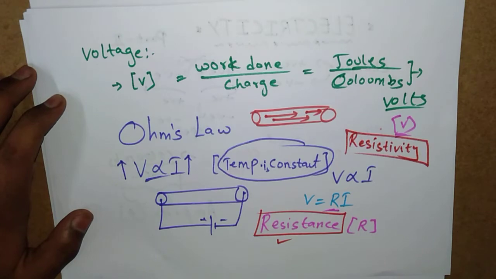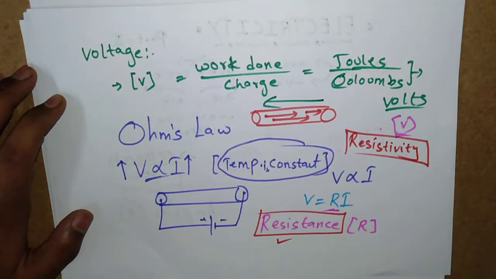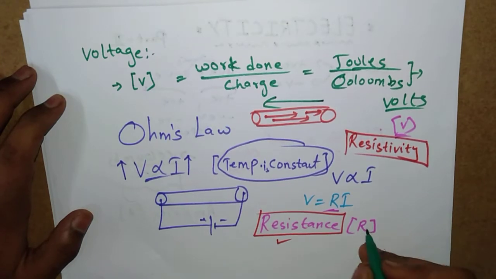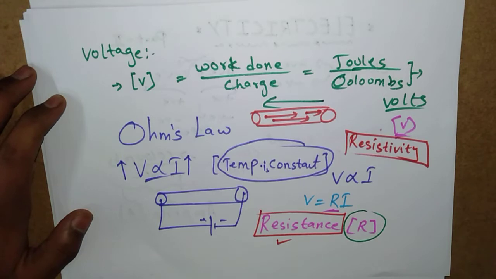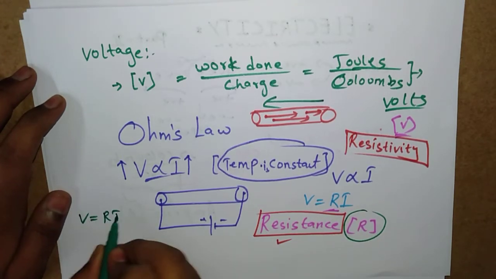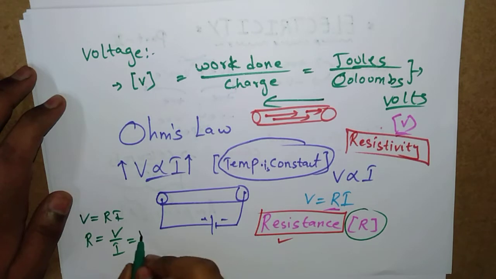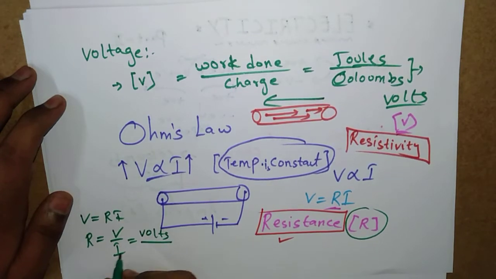So the obstruction to the flow of current is called resistance, and it is denoted by letter R. So we want the unit for resistance, so we have expression V is equals to Ri. Here R is equals to V by I. The unit for voltage is volts, and the unit for current, this is I, is amperes.